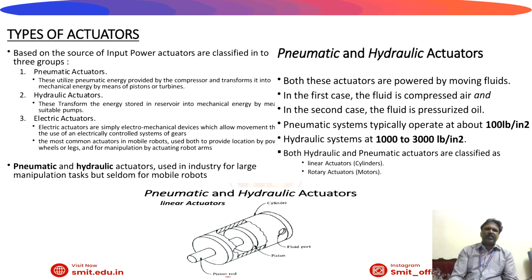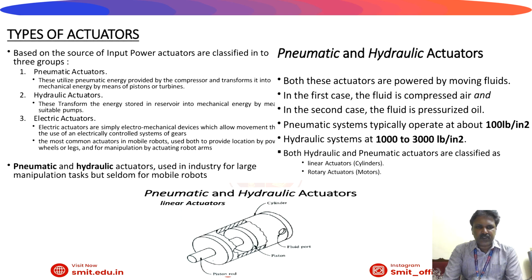Then types of actuators. Based on the source of input power, actuators are classified into three groups, that is pneumatic actuators, hydraulic actuators, and electrical actuators. Pneumatic actuators are provided by the compressor and transform it into mechanical energy. That is, pneumatic is by use of air. By the name itself we can see.